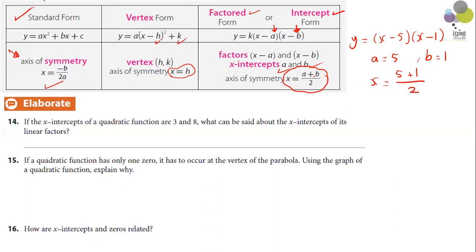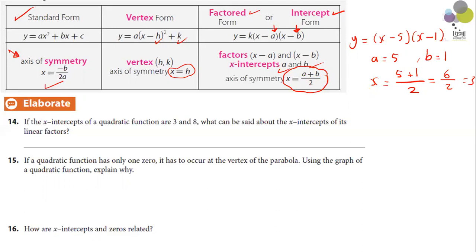This is the rule: the sum of two zeros over 2, or half of the sum of the two zeros. So 5 plus 1, 6 over 2, will be 3. So x equals 3. This is the equation of the axis of symmetry, or first coordinate of the vertex.